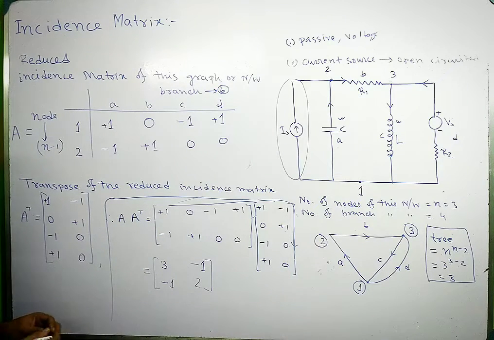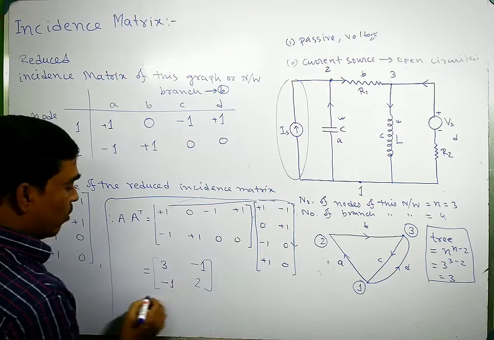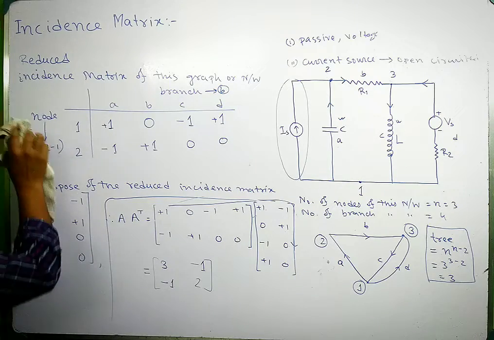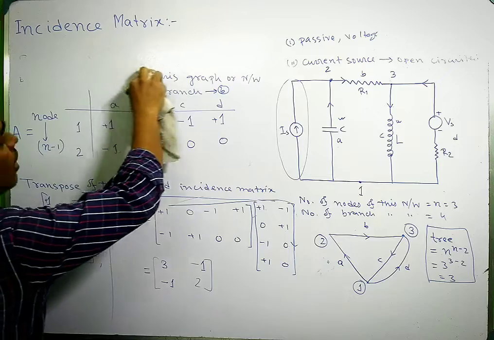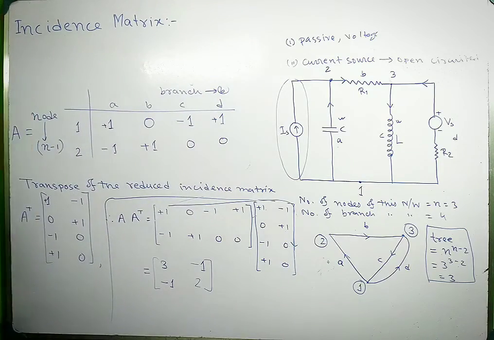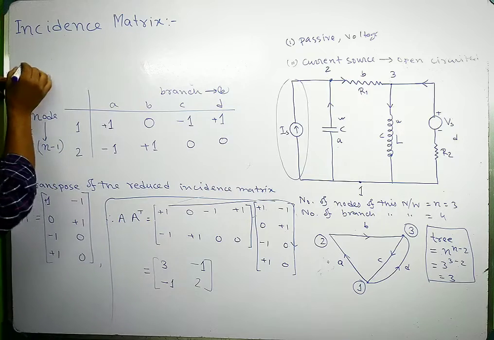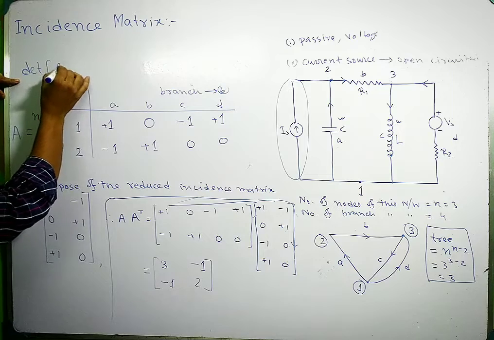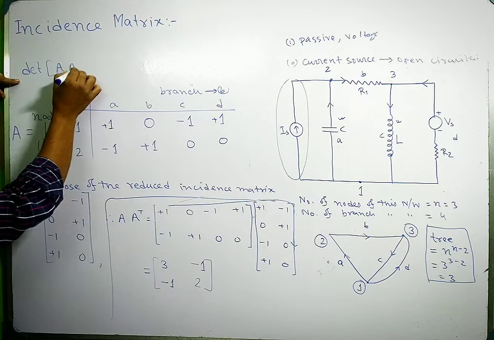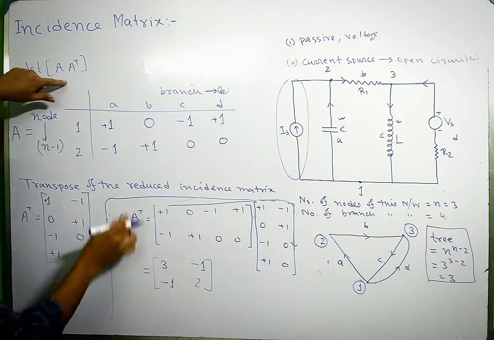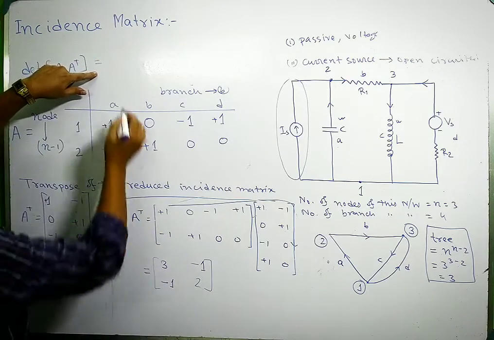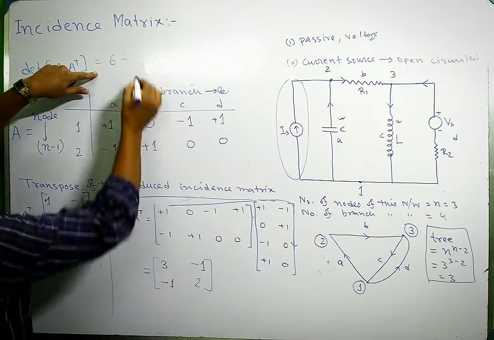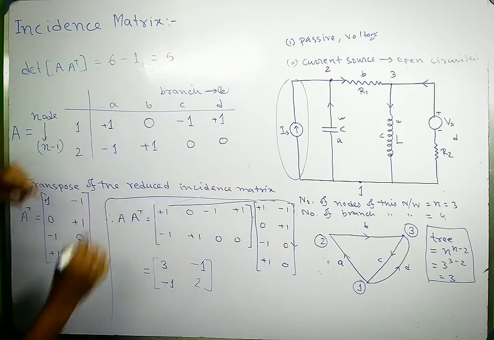So the determinant of A times A transpose will be 3 multiplied by 2 minus minus 1 times minus 1, so this is 5.